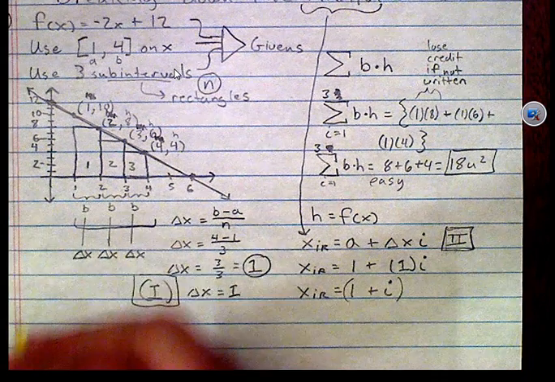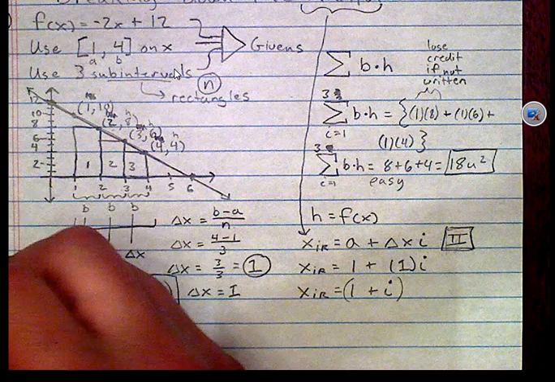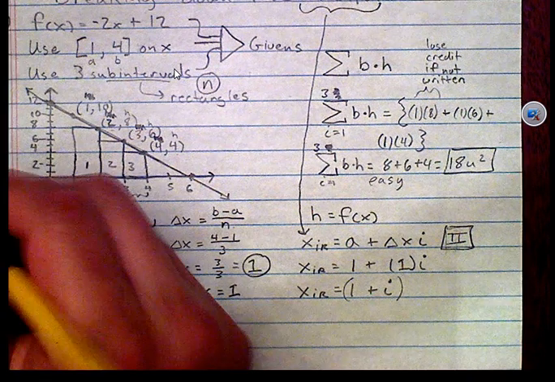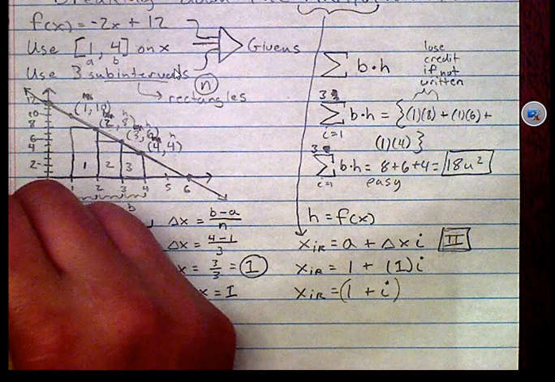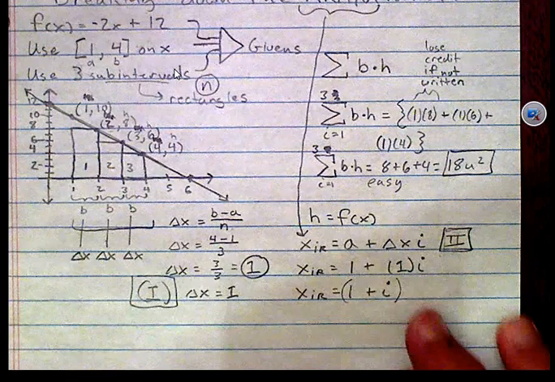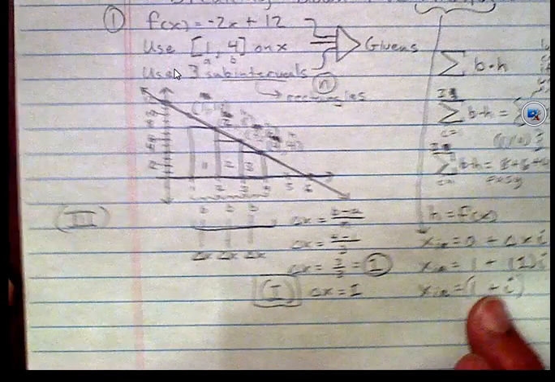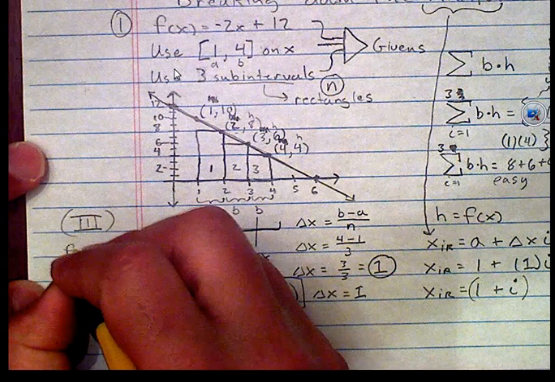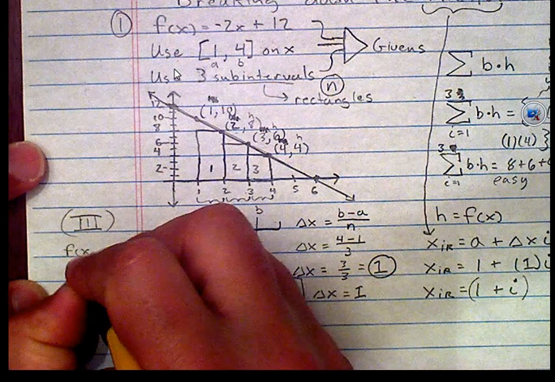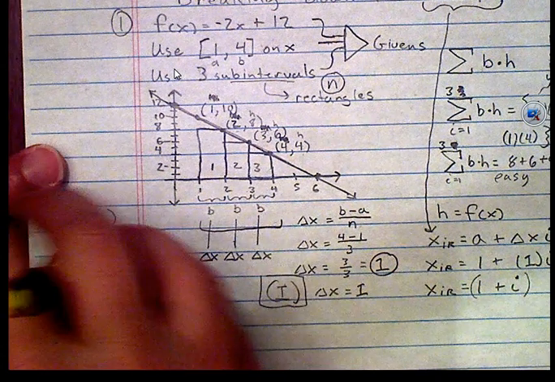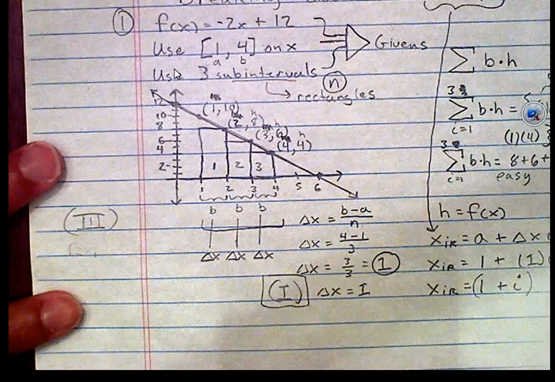Step 3, I'm going to make it over here because I'm running out of room. I told you this was the hard way. Now I have to find f of x of i. Let me do it on another sheet of paper. I'm running out of room. Good thing I have this handy.